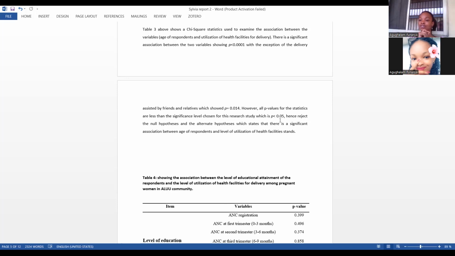If it is above the level of risk you as a researcher have set, you know that there is no significant association. And so from there, whatever you get, you can use it to make an inference.